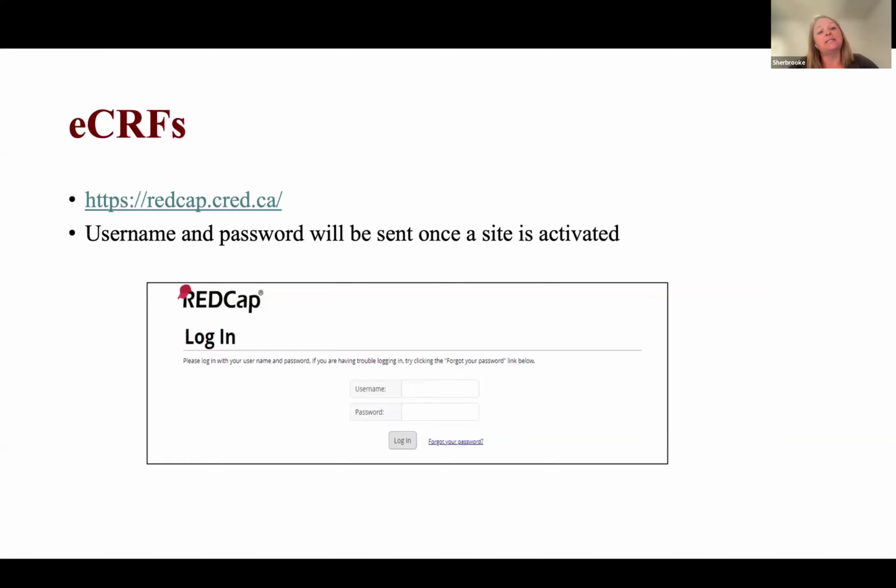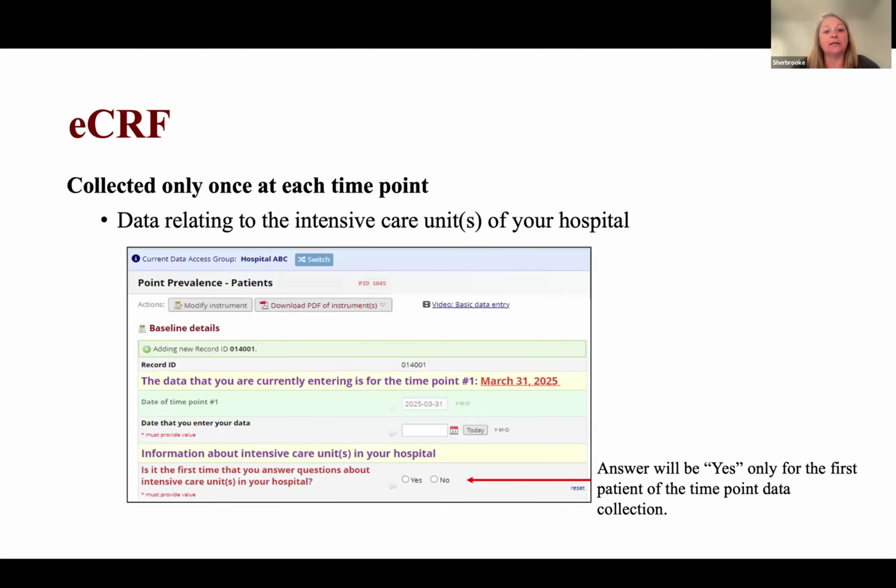So once your site is activated, you will have received your username and password, and you can access the REDCap database through the link on the screen. And the first time that you enter data in REDCap, for your first patient, you will have a question, the question in red below: Is it the first time that you answer questions about intensive care unit in your hospital?